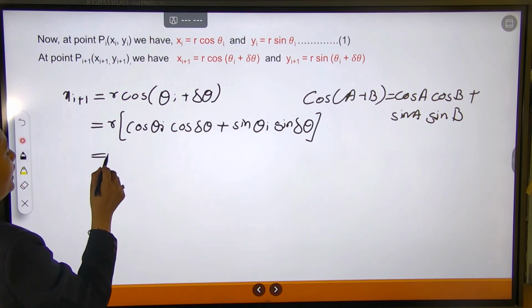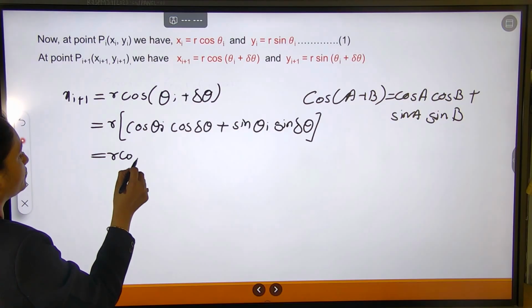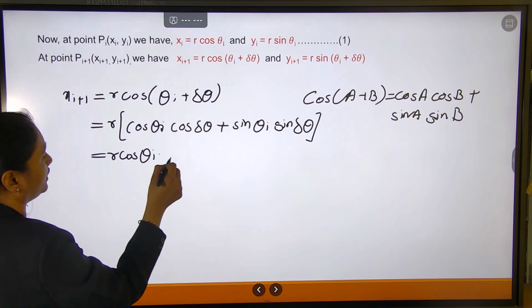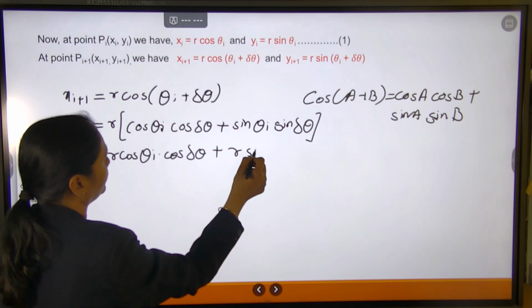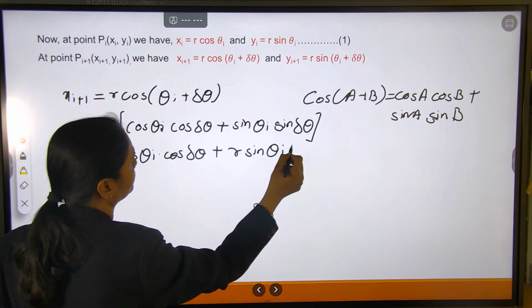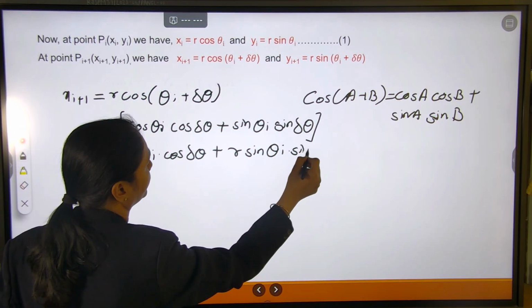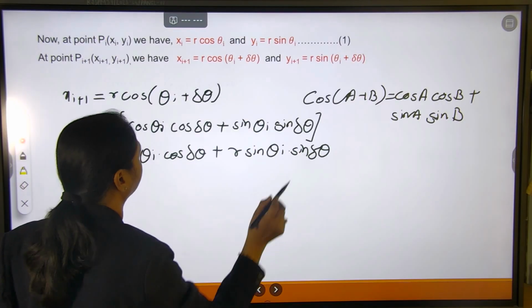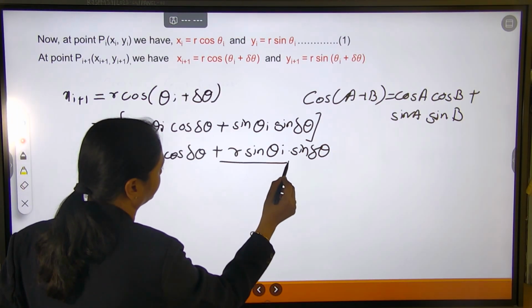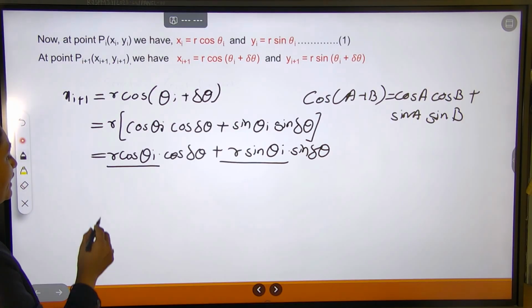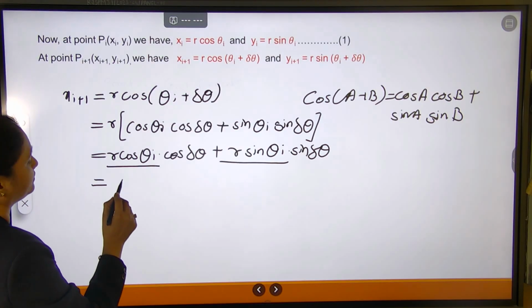So multiplying by r, we get r into cos theta I into cos delta theta plus r into sin theta I into sin delta theta. Now r cos theta I and r sin theta I are the values of xi and yi.